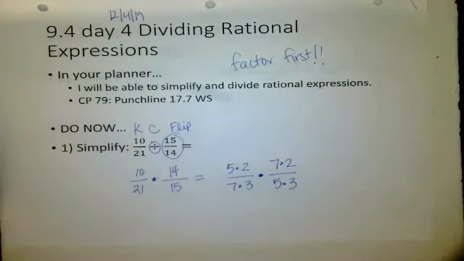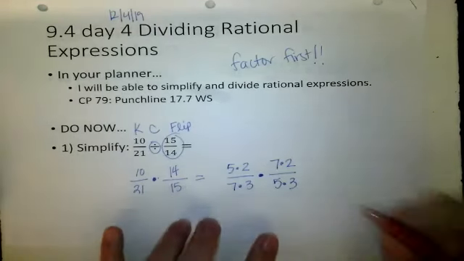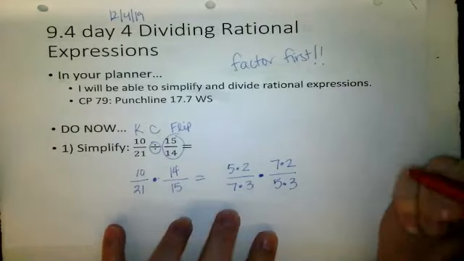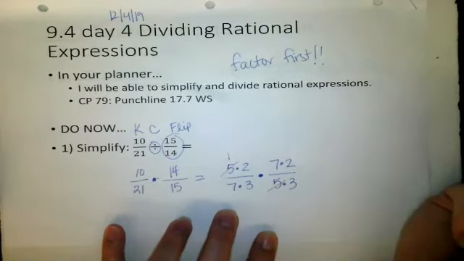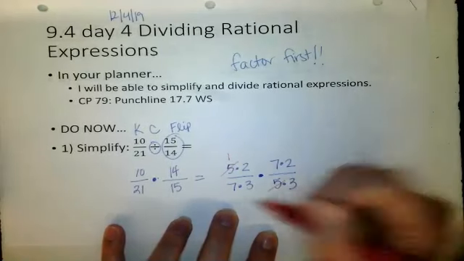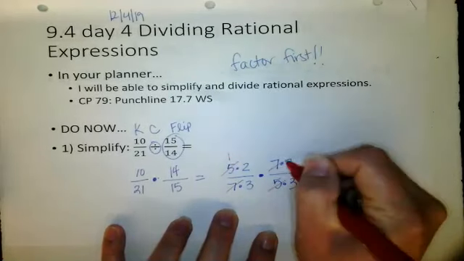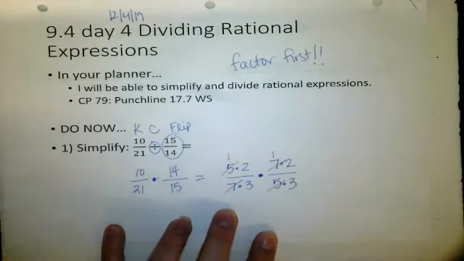Once you factor, it's easier to see how things reduce. So we have a giant product, and we can reduce the common factors. 5 divided by 5 is 1. 5 goes into 5 one time. What else reduces? 7. 7 goes into 7 one time.